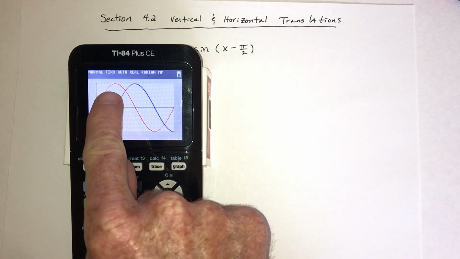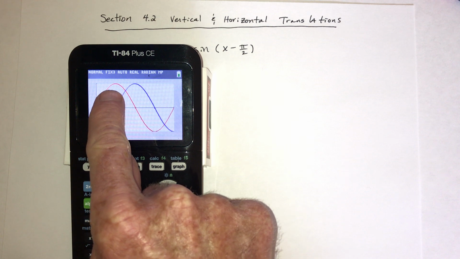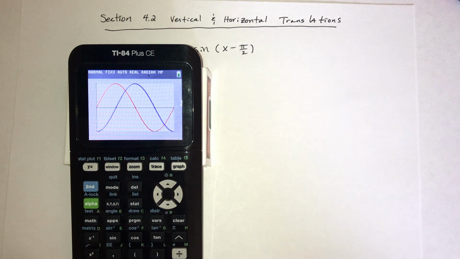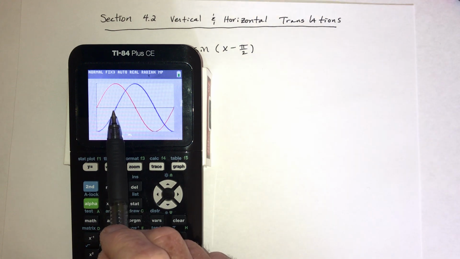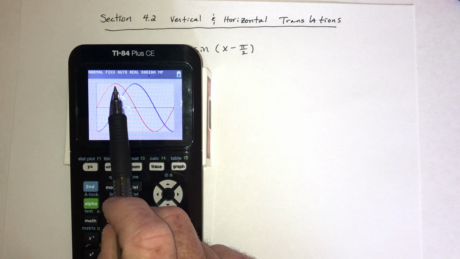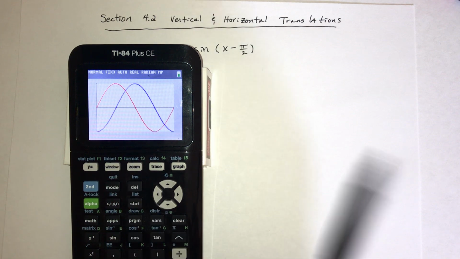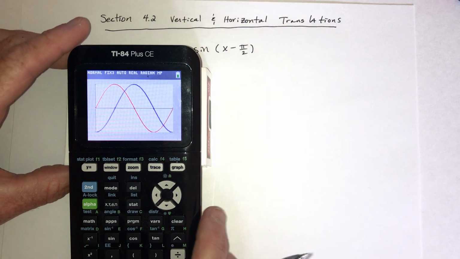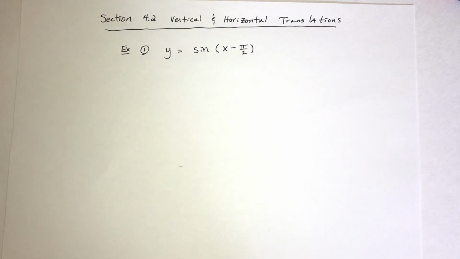So this red part right here got shifted over to the right. And it got shifted over by pi over 2, because right here is pi over 2, and right here is pi. So this got shifted over to the right. So even though it says minus pi over 2, it's actually shifting it to the right.